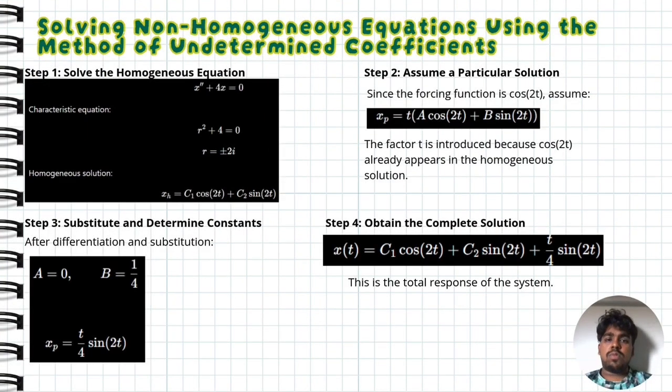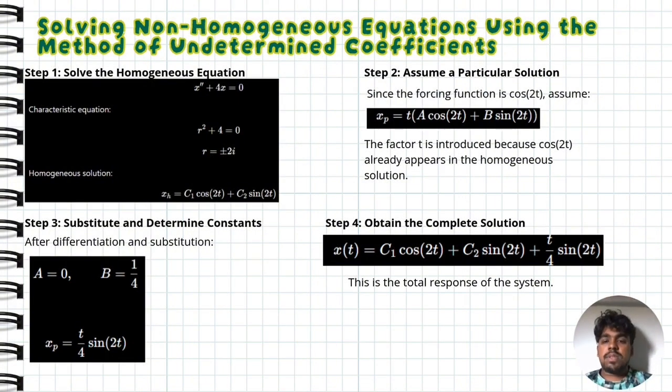Then, solving a non-homogeneous equation using the method of undetermined coefficients. There are 4 steps in it. First, solve the homogeneous equation. The steps are shown in the image there. Second, assume a particular solution. Since the forcing function is cos 2t, assume xp equals t times (a cos 2t plus b sin 2t). The factor t is introduced because cos 2t already appears in the homogeneous solution.